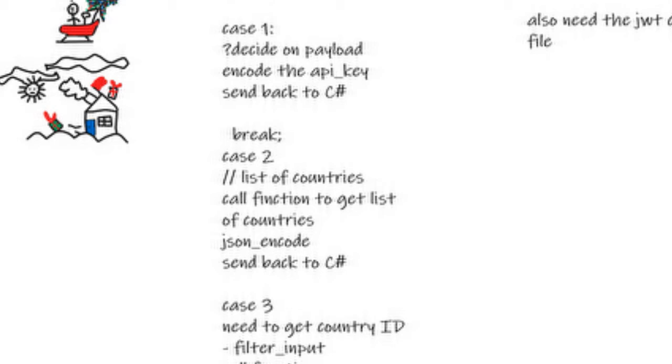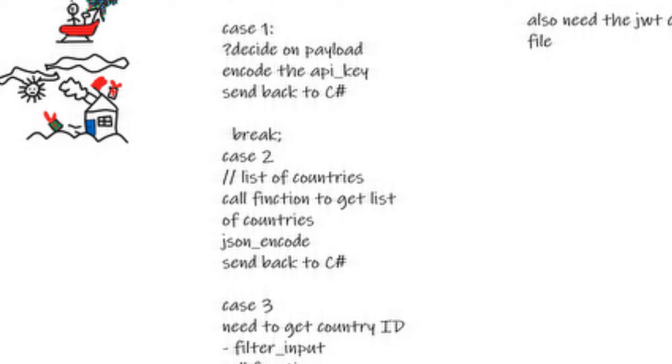I'll do it in bits, right? We need to call a function, get list of countries. Okay. Then we need to do a JSON encode. Then we need to send it back. Okay, everybody happy there?